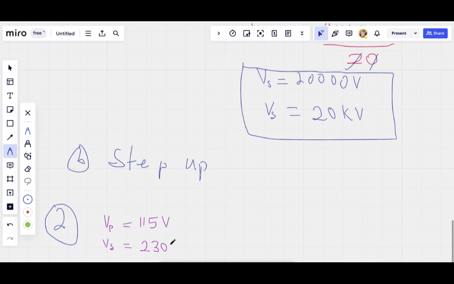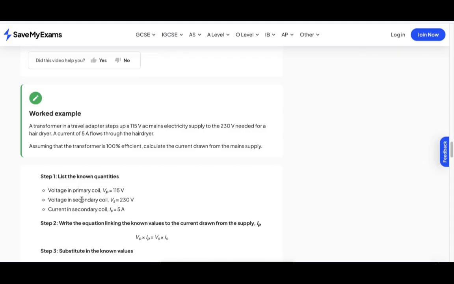A small adapter transformer. You know, most electronics have a transformer inside them to adjust whatever current you bring into the electronics to the design value of current or voltage. So this question has given us the voltage in the primary, 115 mains, and supplies 230 in the secondary VS, needed for a hair dryer.